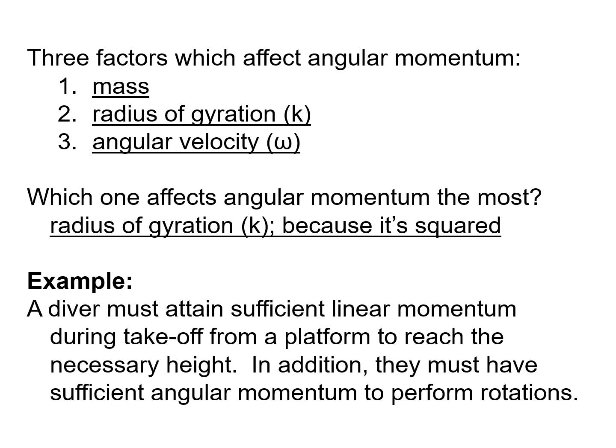So for example, we can look at a diver. A diver must attain a sufficient linear momentum during takeoff from a platform to reach the necessary height so they can do their somersaults or tumbles, okay? In addition, they must have sufficient angular momentum to perform those rotations. They may start out very upright so they can develop enough power on the springboard to get up to that height.